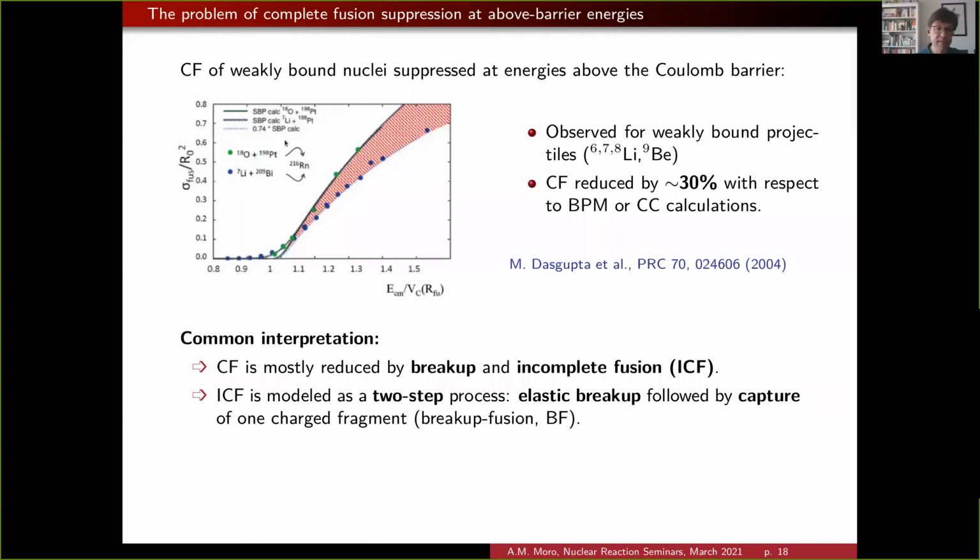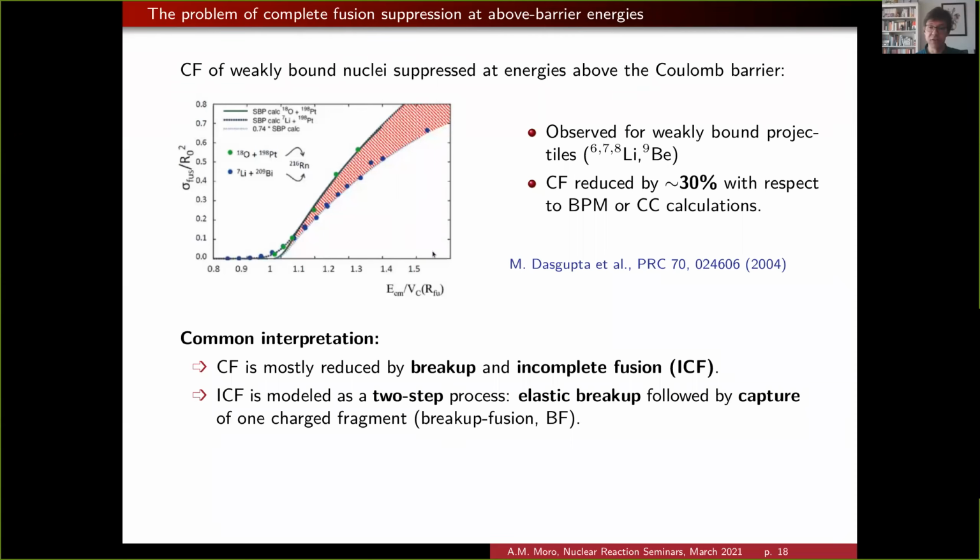In principle, the independence of the entrance channel of fusion reactions tells us that if we have two reactions, for example of this type, that lead to the same compound nucleus, then they should have essentially the same cross-section. But this is not the case. In the reaction involving the weakly bound nucleus lithium-7, the cross-section is suppressed by something like 30%.